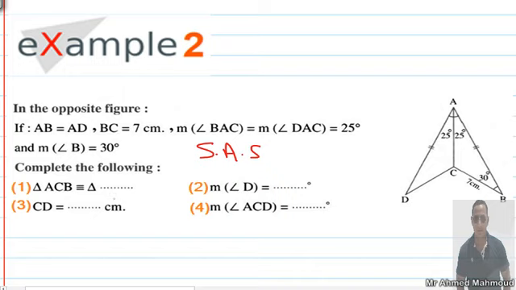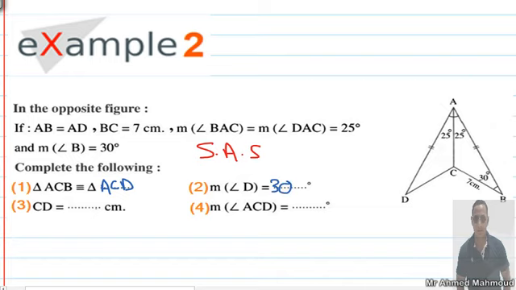Okay. Then triangle ACB is congruent to what? Let's follow the direction A C B. It's congruent to triangle ACD. And the measure of angle D, angle D exactly like angle B, equals 30 degrees.